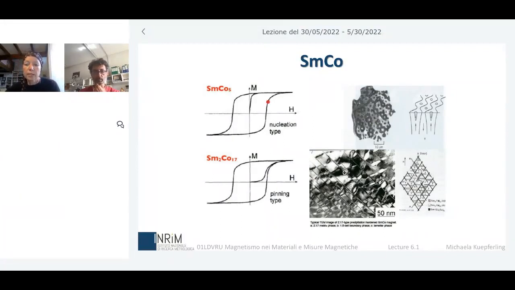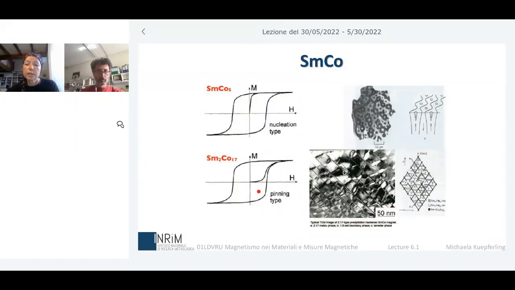In these two kinds of materials, we have two different mechanisms which bring you the high coercivity. You see this mainly here in this initial curve. So the first magnetization, let's say from 0 to saturation, which is very, very different for this kind of materials. And we distinguish these different behaviors in a nucleation type and a pinning type.